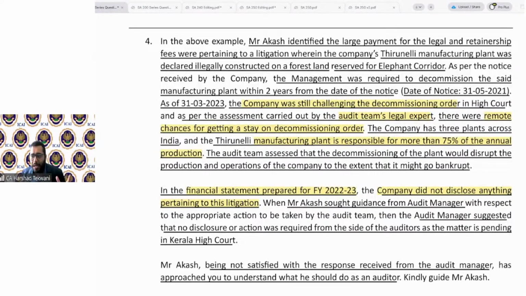Now here the non-compliance is material and pervasive both. If you refer to SA 705, it says if the misstatement is material plus pervasive, then you need to issue an adverse opinion.